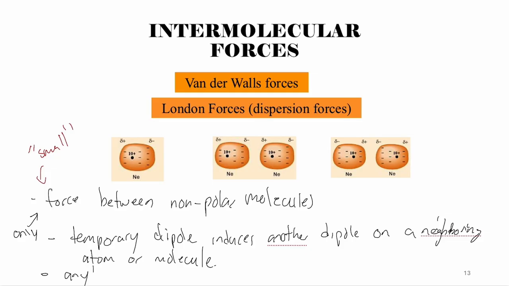So we just need anything with electrons, it will have van der Waals forces. So even if you're an ionic compound, even if you are a very polar molecule, even if you're nonpolar, all you need is electrons because they can slosh back and forth around the atoms.